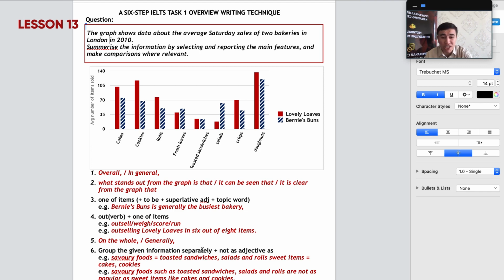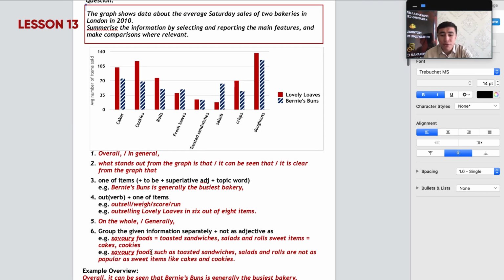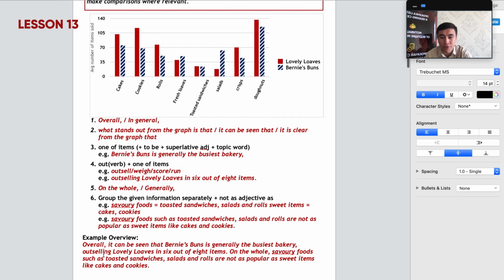So group the given information separately, plus not as, then adjective, not as popular, not as commonly chosen as. So you're comparing them. So you can say savory foods for toasted sandwiches, salads, and rolls, and sweet items for cakes and cookies. And again, you may not always know words that group them, okay? And savory foods such as toasted sandwiches, salads, and rolls are not as popular as sweet items like cakes and cookies.